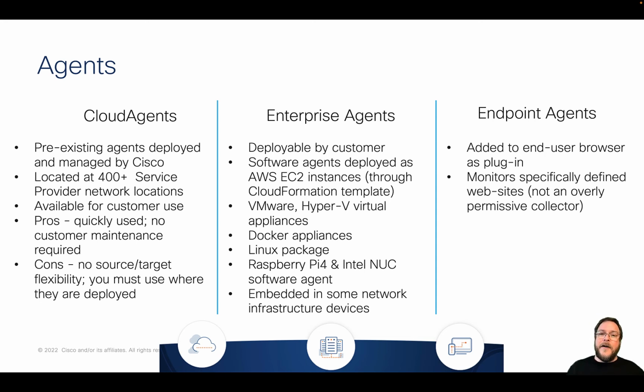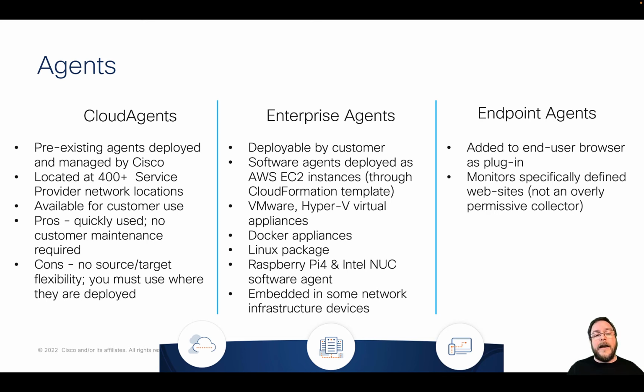The cons are that you can't redeploy them from where they are. They are fixed in their location, so the perspective of source to target is starting at those cloud agents to wherever you target. And that may be helpful to you, or you may find that you want a little more flexibility and want to deploy enterprise agents on your own.